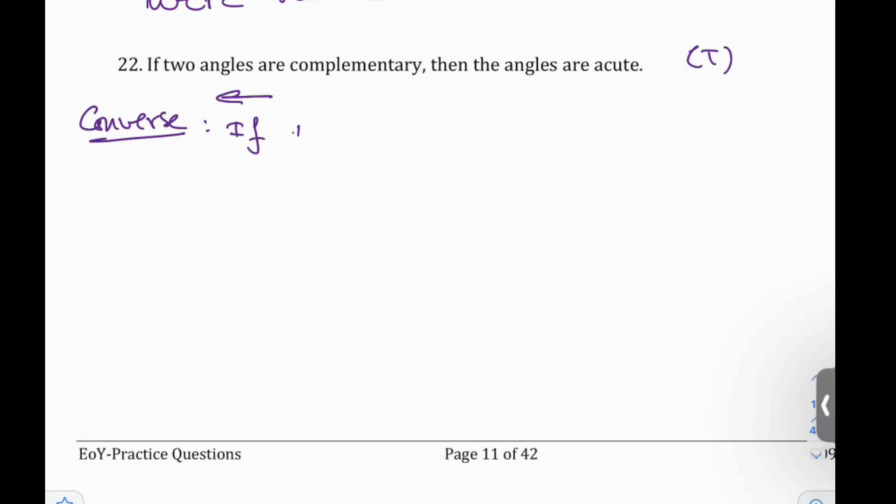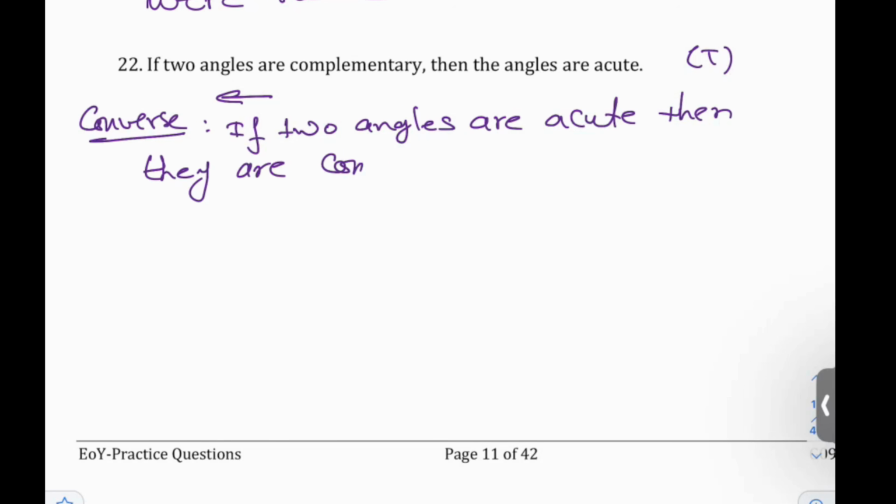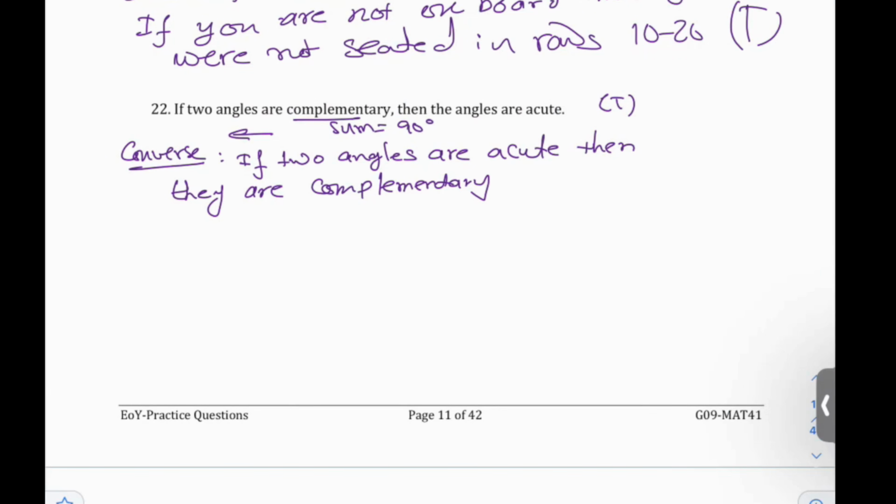So if two angles are acute, then they are complementary. Complementary means they have a sum equal to 90 degrees. Let's check. Is it always true or false?